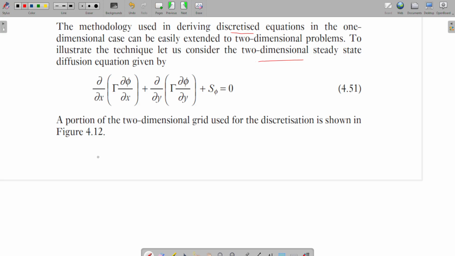The general form of conservation equation in pure diffusion equation is divergence of gamma gradient phi plus S equal 0.